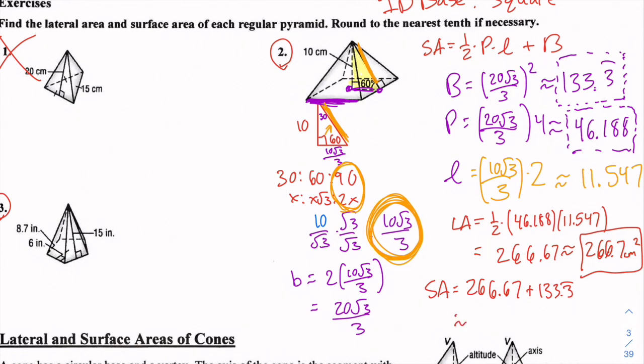This is approximately 400.0 centimeters squared. Okay, don't forget that 0.0 because you are rounding it, right? The answer is not 400 flat, right? 400.0 centimeters indicates that we were rounding this number. And boom. Okay, there's your answers.